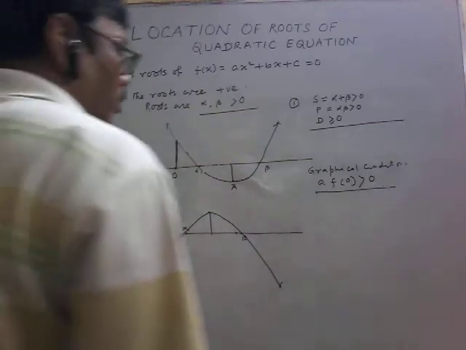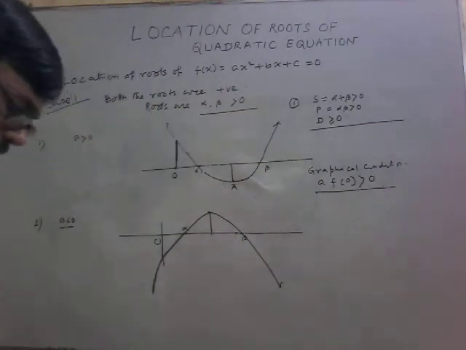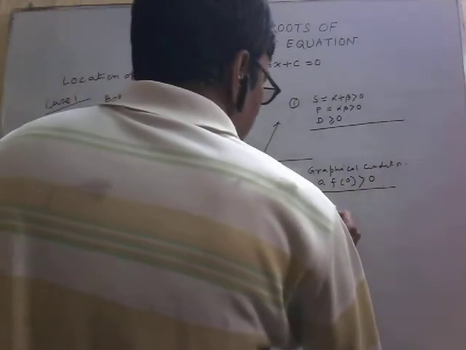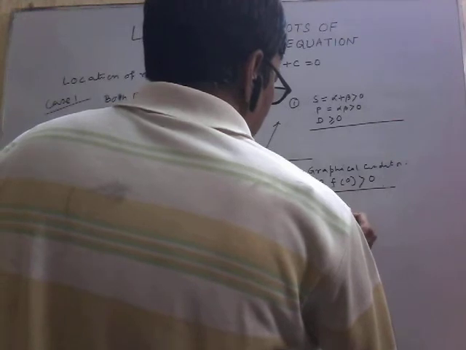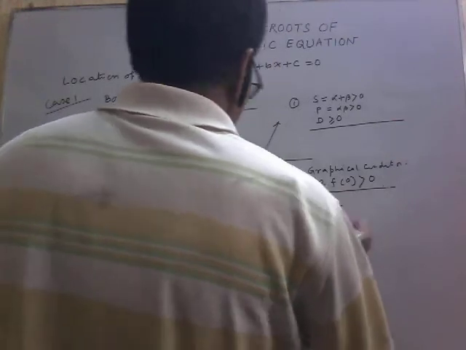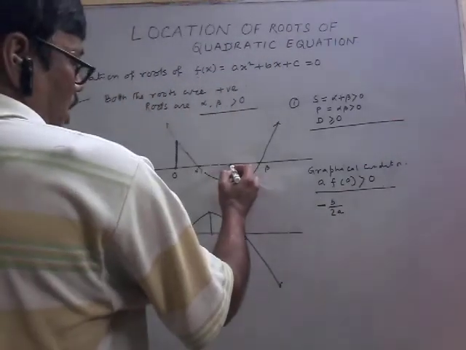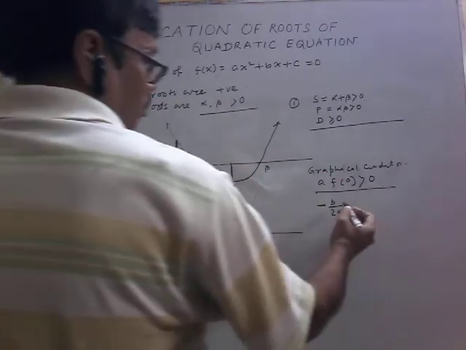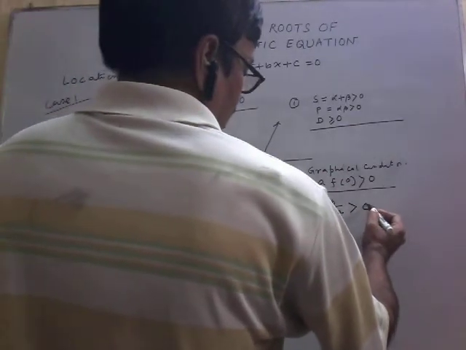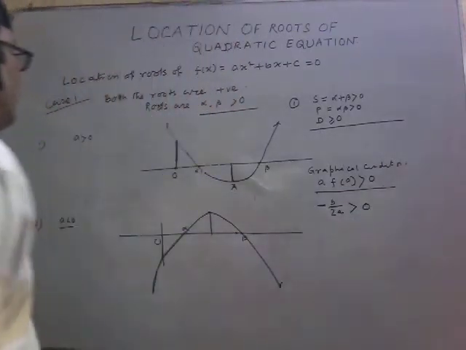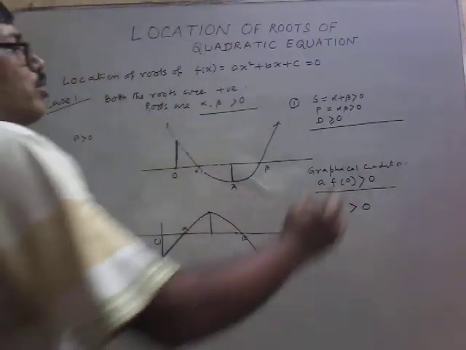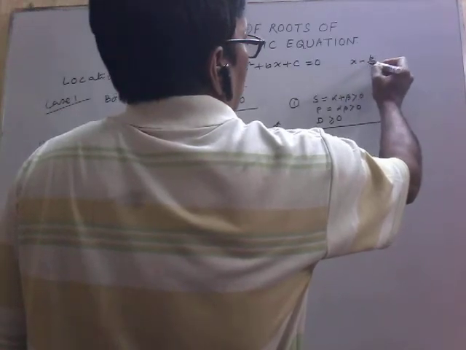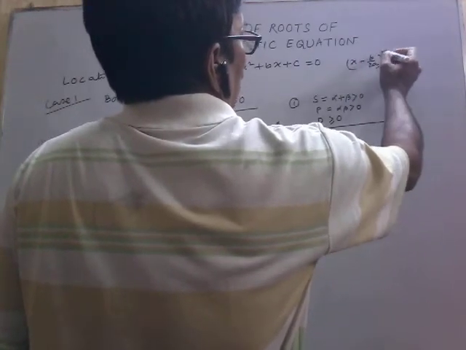For our parabola, what is the vertex? Minus b by 2a, and this is 0. So minus b by 2a greater than 0. Actually we have x minus b by 2a whole square.